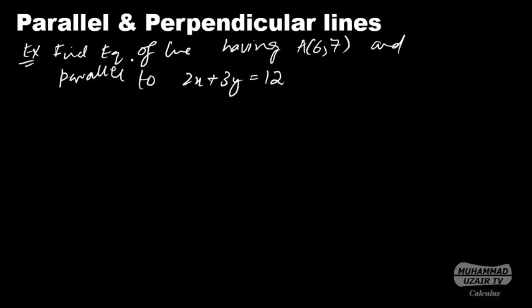So find the equation of the line having this point A and parallel to this equation of line.